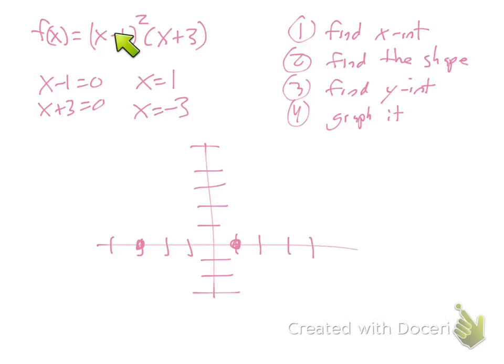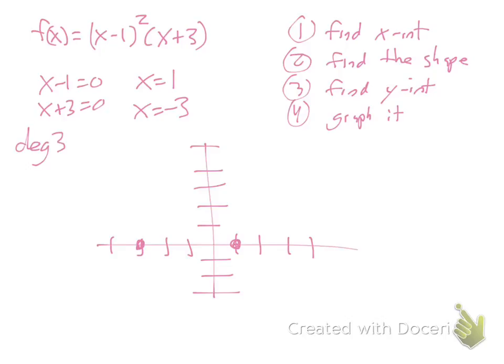If I was to FOIL and multiply all this out, I would have x squared, and then an x squared would have to be multiplied by this x, and x squared times x is x to the third or x cubed. So therefore, this is of degree 3.